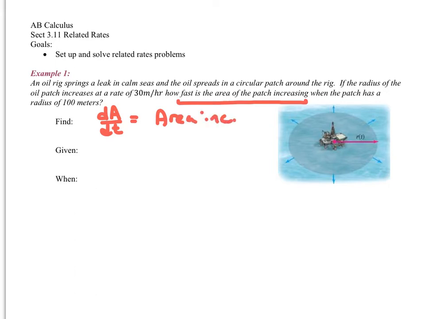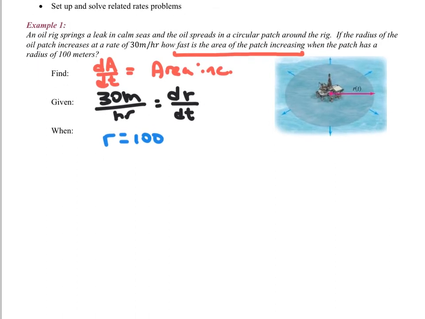What we're given is 30 meters per hour, which is the rate at which the radius is changing. We want to know when the radius equals 100. So the area of the space, of course, is related to a circle, which is pi r squared. We're going to go ahead and take the derivative with respect to t.